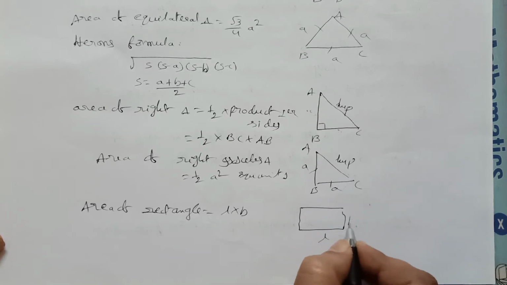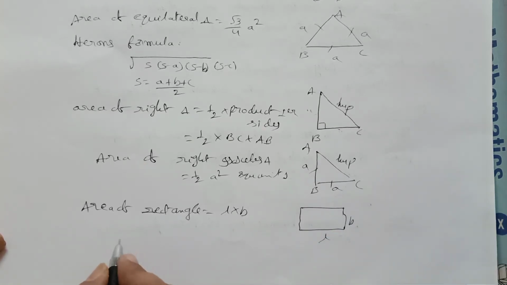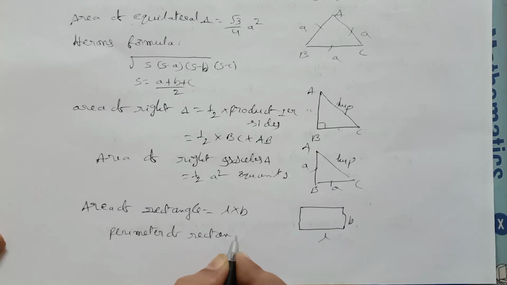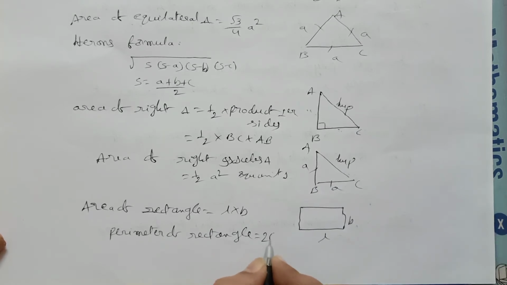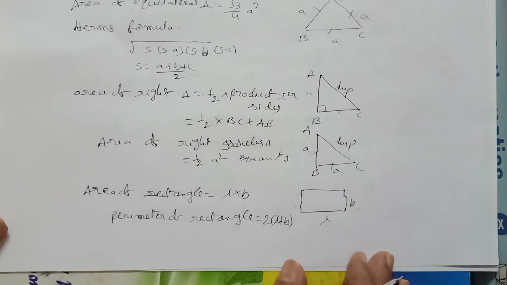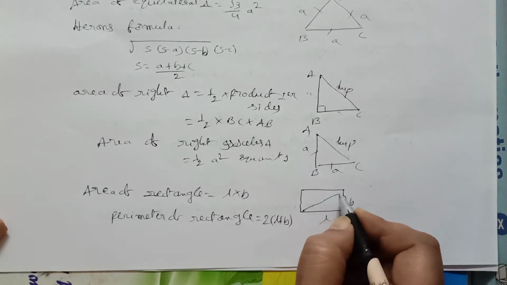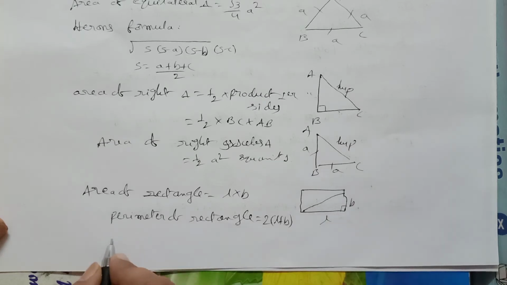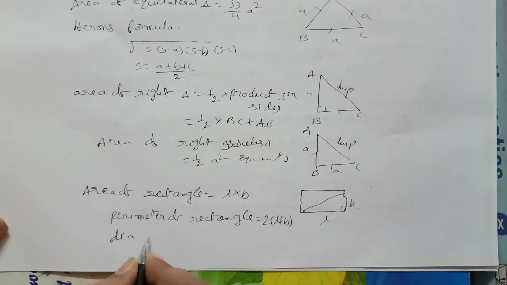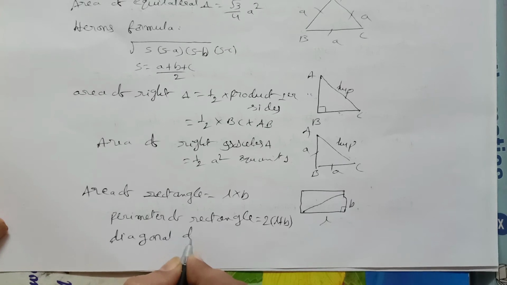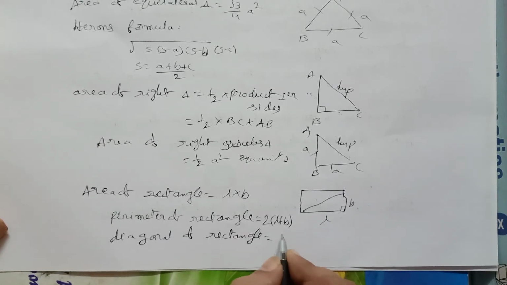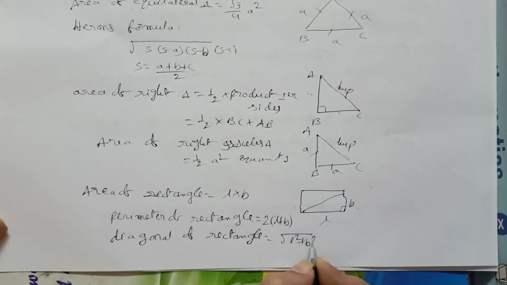It is L, it is B. Perimeter of rectangle, two into L plus B. Diagonal of rectangle, if you apply the Pythagoras theorem, then L square plus B square. Diagonal of rectangle is equal to square root of L square plus B square.